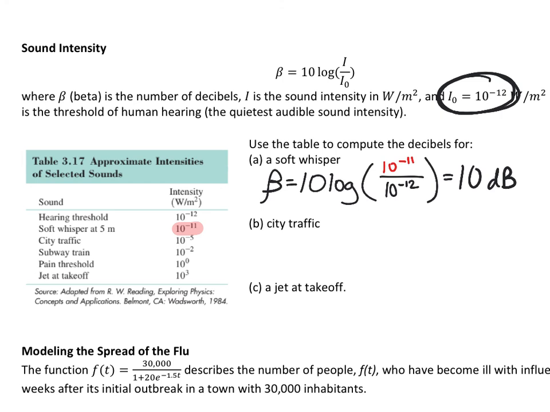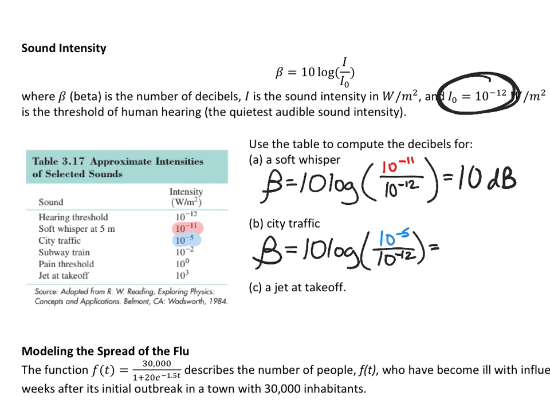Now what about city traffic? How loud is city traffic to us? Well, that's going to be beta equal to 10 times the log of, for city traffic based on my table, 10 to the negative 5 over 10 to the negative 12. Again, to save time in the calculator, which is really why I'm showing you this example, I press second entry.